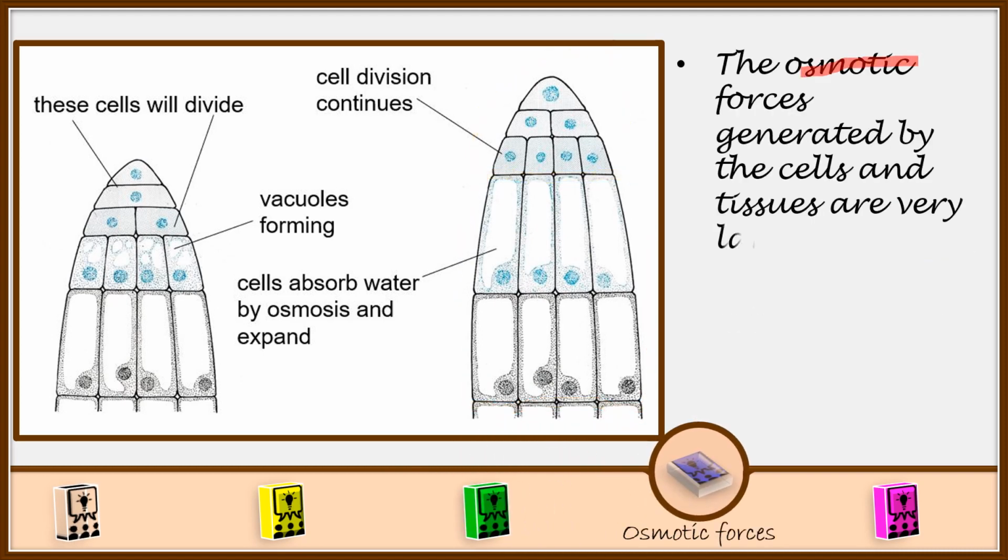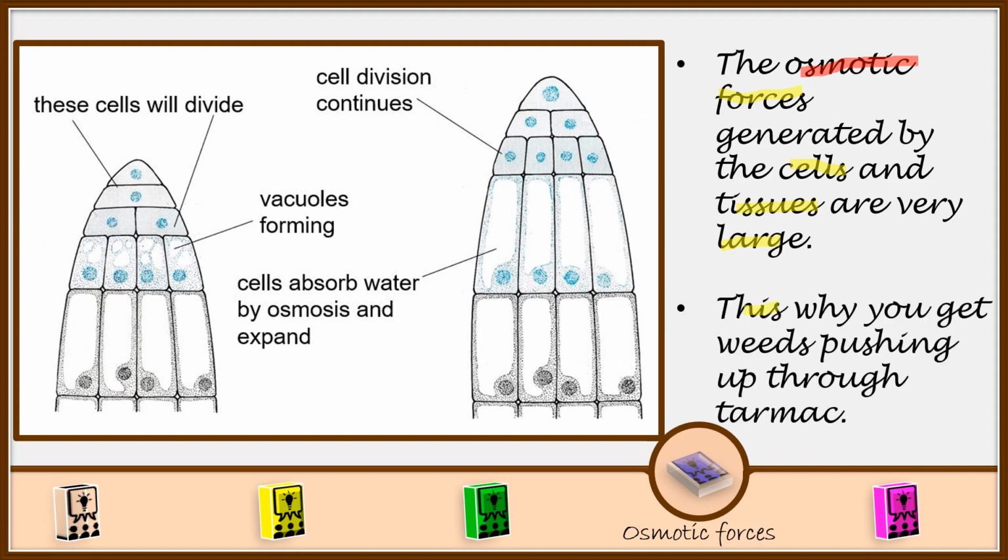The osmotic force generated by the cells and tissues is very large. This is why you get weeds pushing through the tarmac.